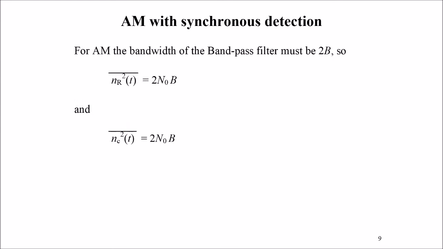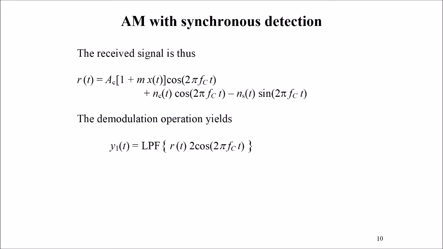For amplitude modulation, the bandwidth of the bandpass filter must be 2 times B, so the noise power is 2 times N naught B, and as we determined in the double sideband signal example as well, the N_C squared time averaged also has to be 2 times N naught times B. So the total received signal has the first term as the AM signal, plus the noise signal as the second term.